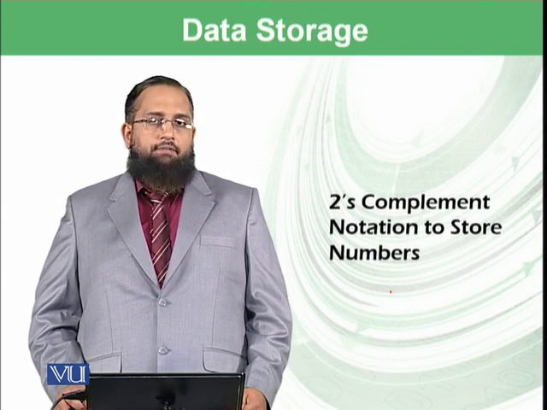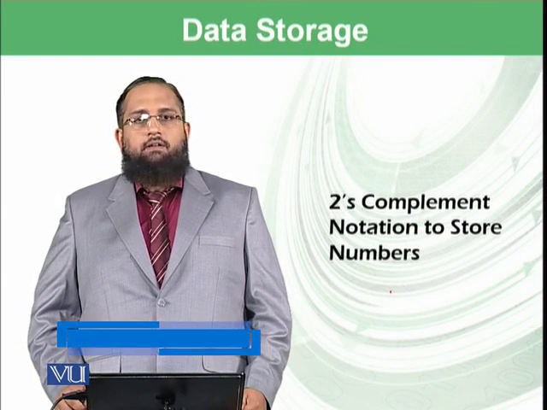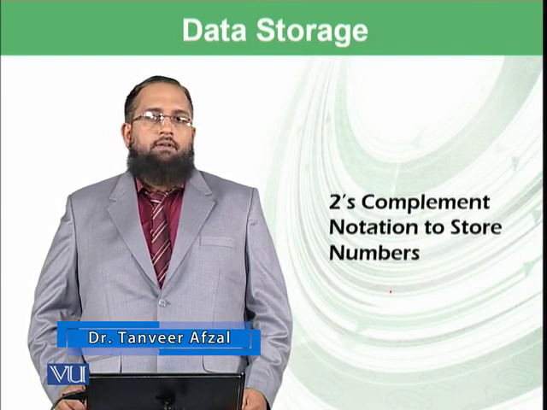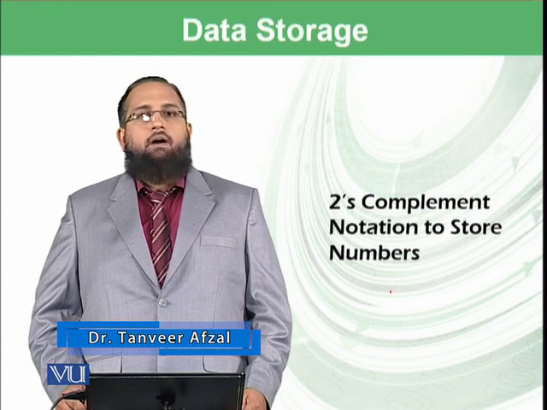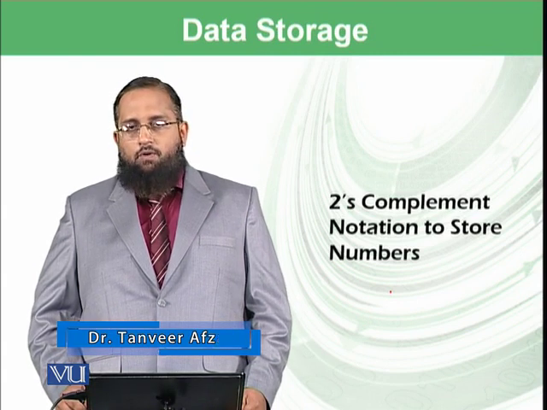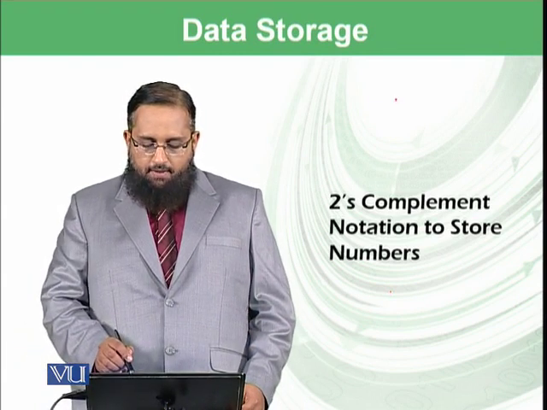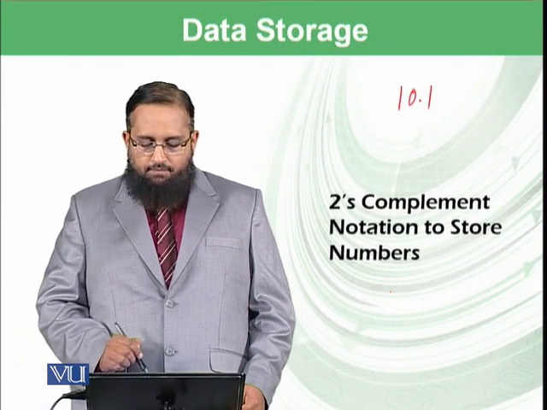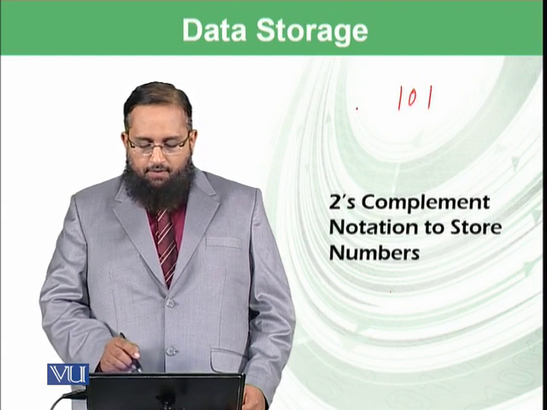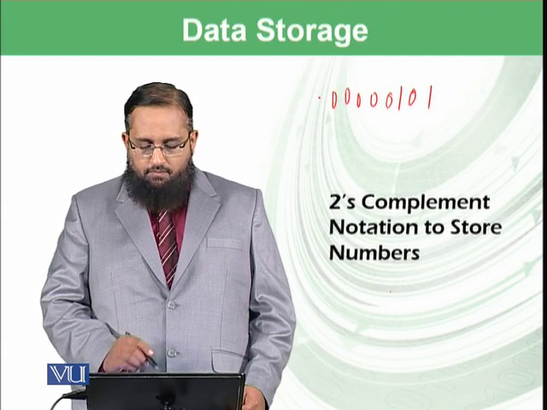As you might remember, when we learned the binary notation, we were only discussing positive numbers. So we can represent, for example, 5 with the binary notation 101, and if it is 8 bits, you can add 5 zeros.